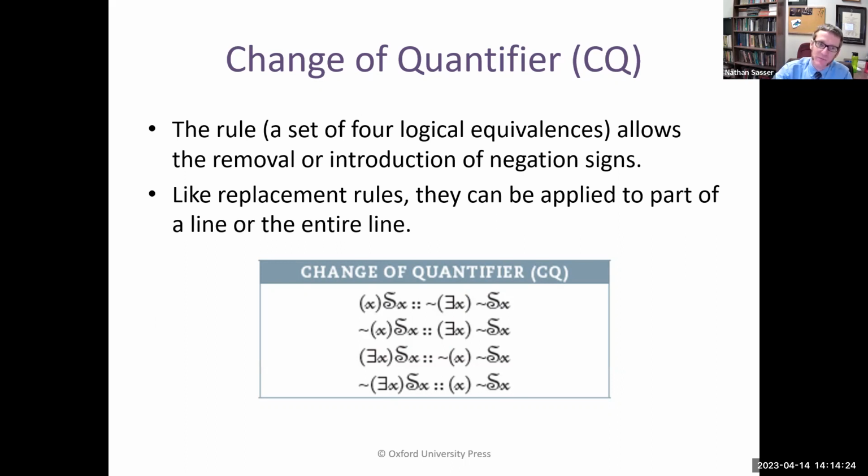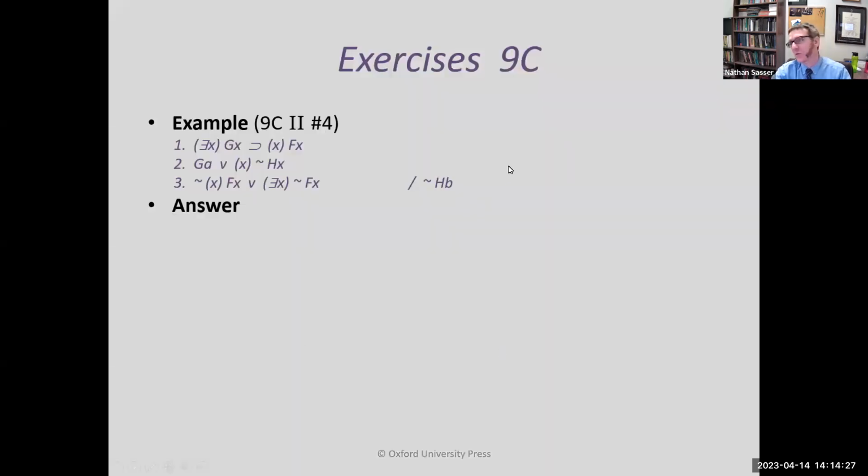So let's look at an example here. Okay, so we got this proof. Premise 1 says for some x, if it's true that some x is g, then all x's are f. Premise 2, either a is g, or for all x, x is not h.